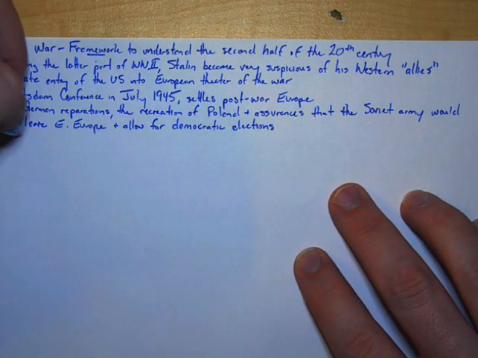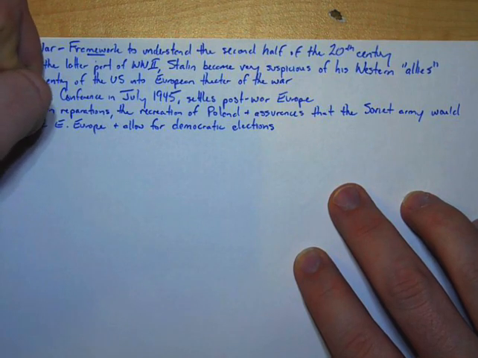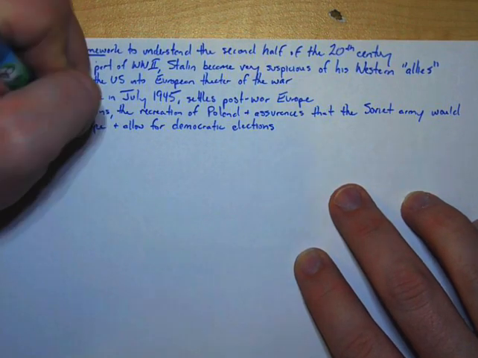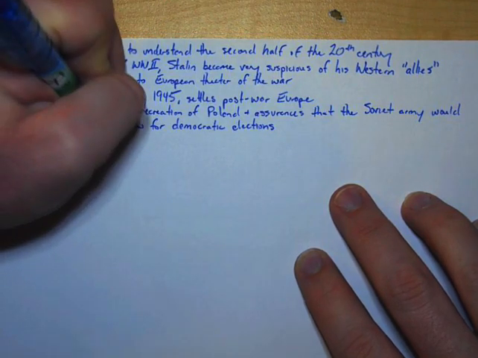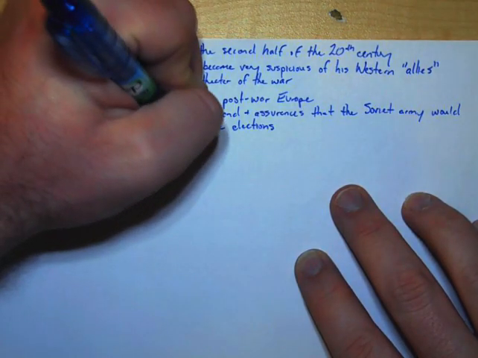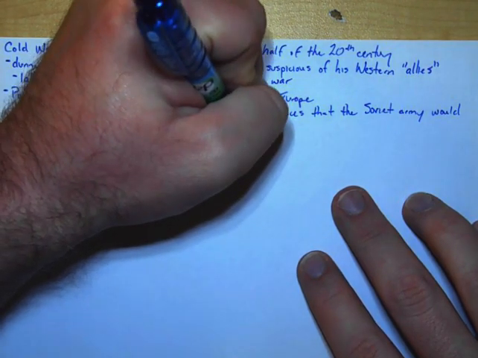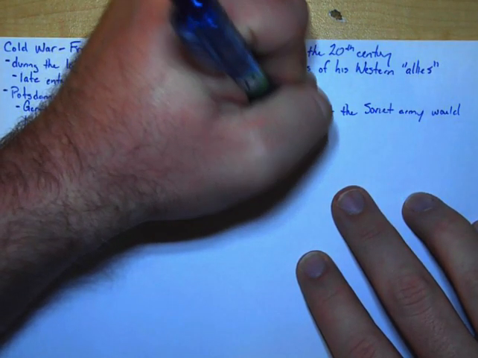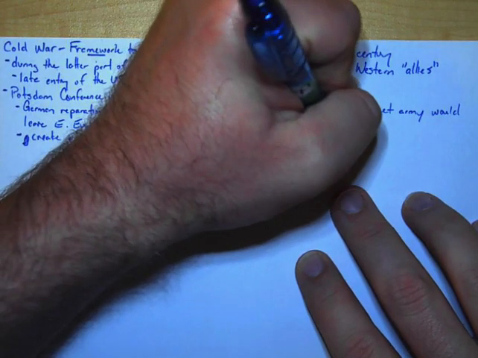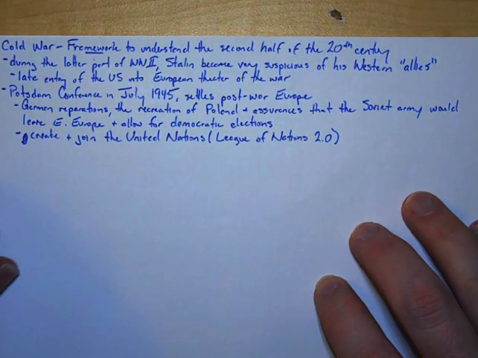They also agreed to create and join the United Nations, which kind of acts as a League of Nations 2.0. So we've kind of figured out some of the problems in the League of Nations, and we're going to fix them in this new United Nations. And Stalin agreed to join this.